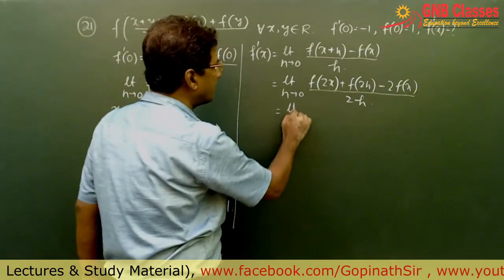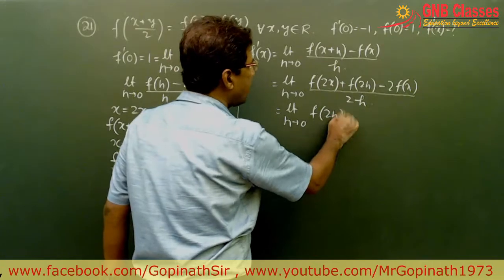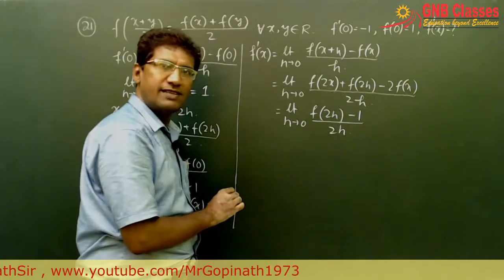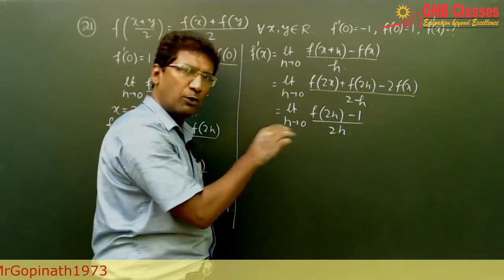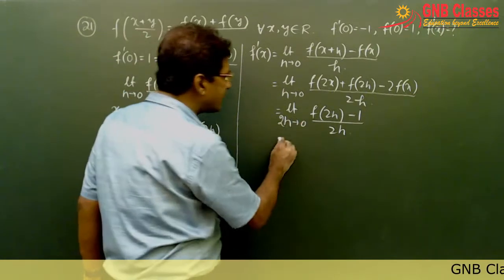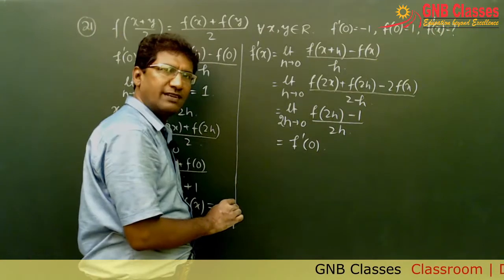So we are getting limit h approaches 0, f of 2h minus 1 divided by 2h. Is it clear? Now as h approaches 0, 2h also approaches 0. So we can write 2h over here also. So this is nothing but your f dash 0. Is it clear?